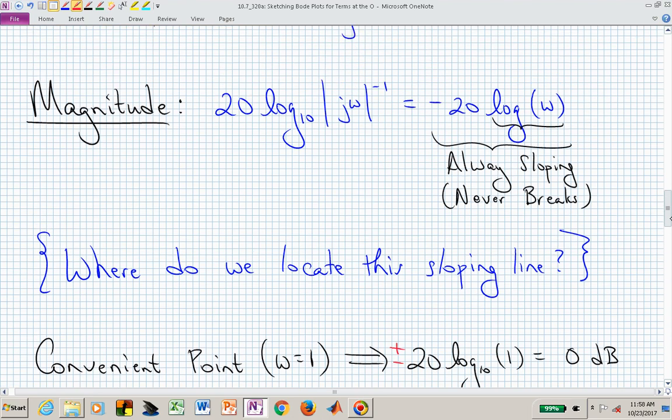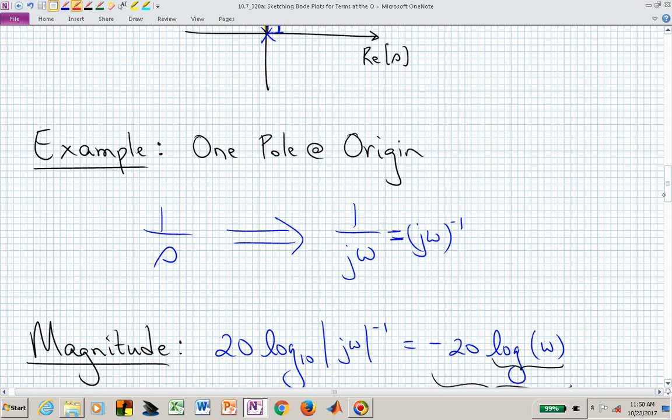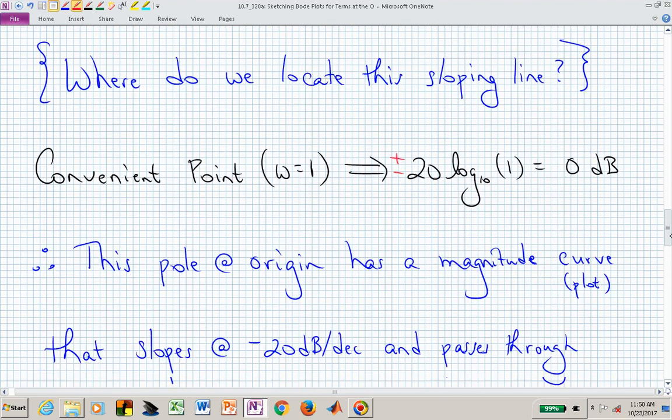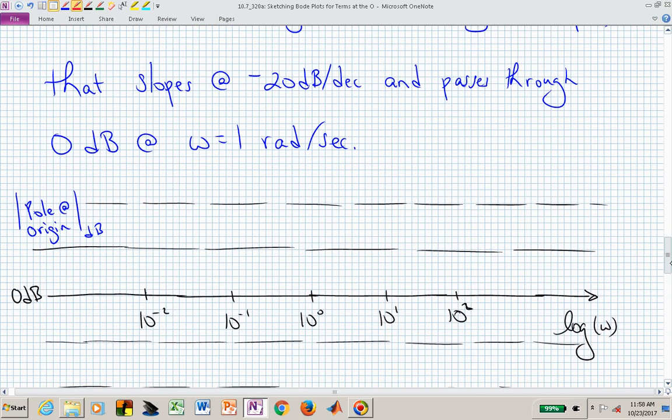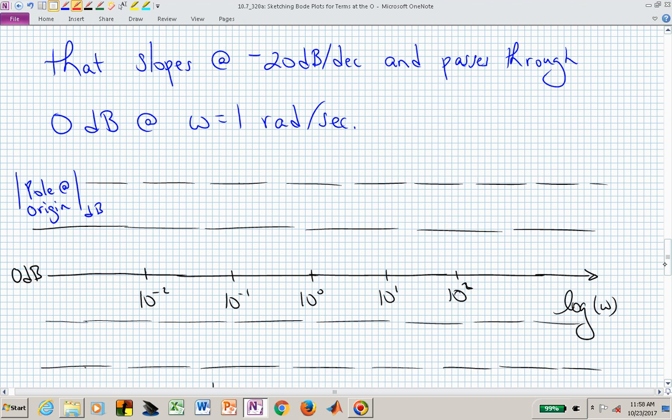Again, that's assuming that we have this pure pole, no gain in that expression. So if that's the case, then we can draw this always sloping line. We know it goes through 0 dB at 1.